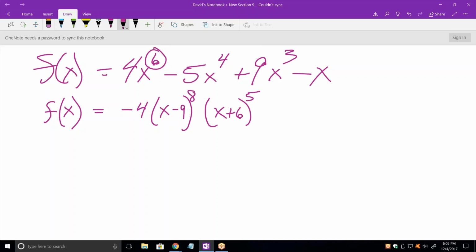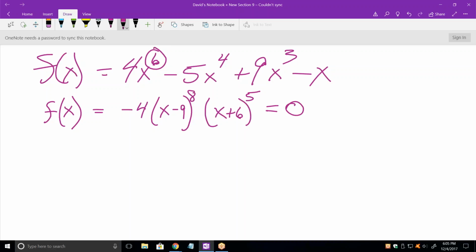Determine all the x-intercepts of the function. How would I have to multiply the 4 into the 8 or the x? No. What we have to do is set this equal to 0 and solve it.